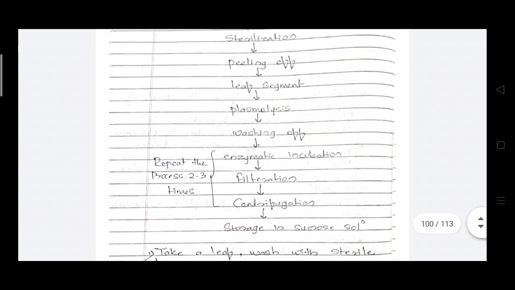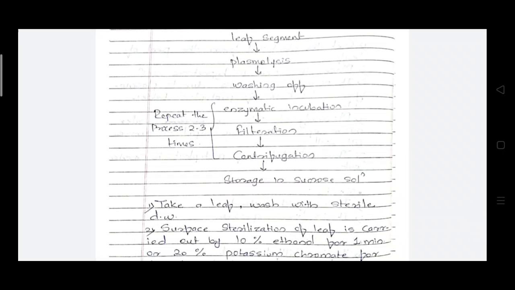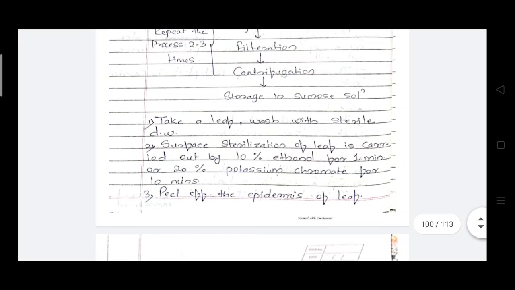This procedure of incubation, filtration and centrifugation will be repeated 2 to 3 times. Then we can get the protoplast.